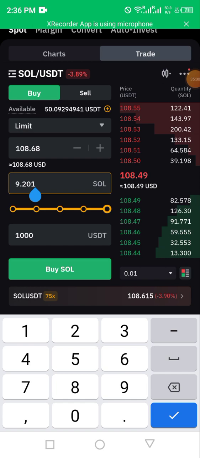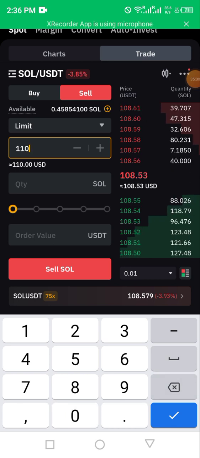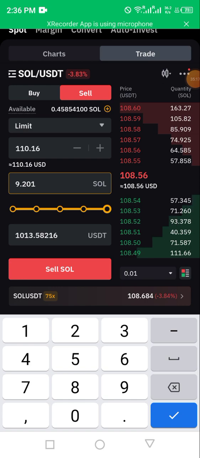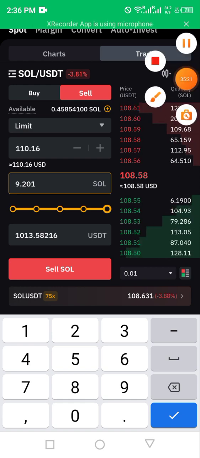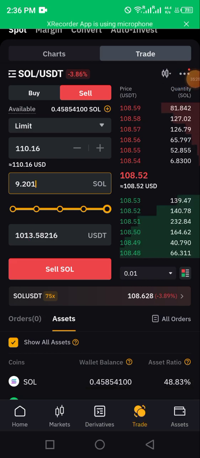So if you are now to sell on that same 2% increase, which is 110.16, you place the quantity that you bought here, and you can see that you have made $13. Here's your profit. It's not giving me what I want. Let me highlight it again.